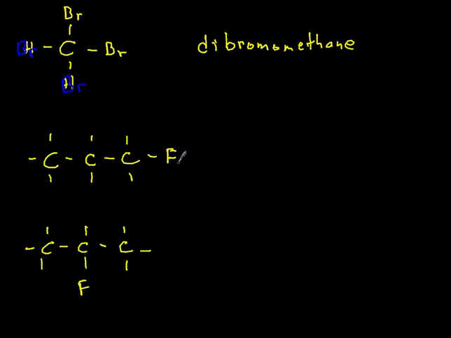Okay, so again, these are halogenated with fluorines, but the fluorines are in different locations, so we're going to name them differently. This one, maybe you can figure it out by now, is 1-fluoropropane.